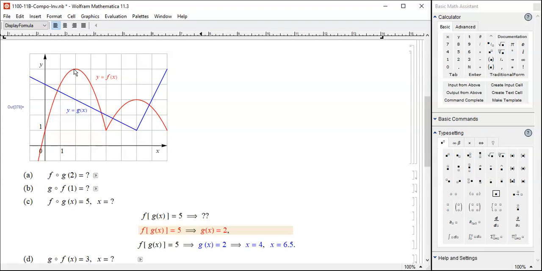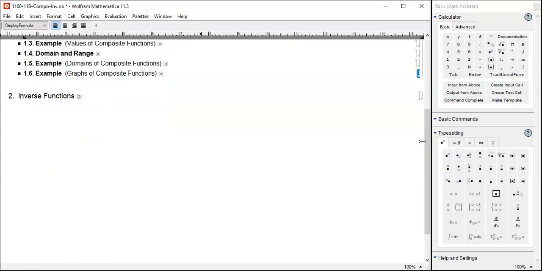For that y-coordinate value, we have 2 crossings. G of x is equal to 2 right here. So right here, x equals 4, and x equals 6.5. Those two. I don't have supplementary graphics here. I'll leave those to you. Okay, that completes section 1.